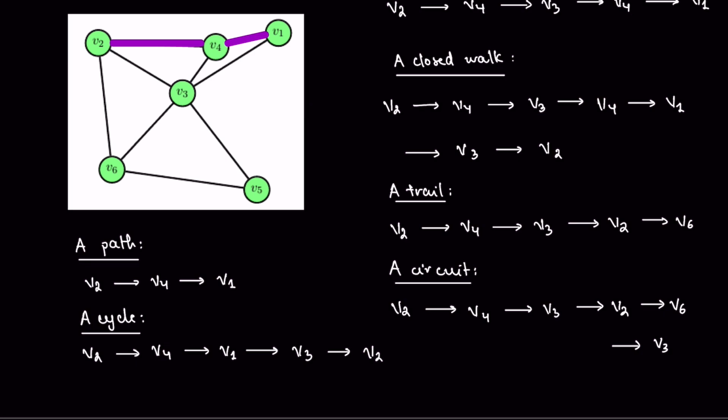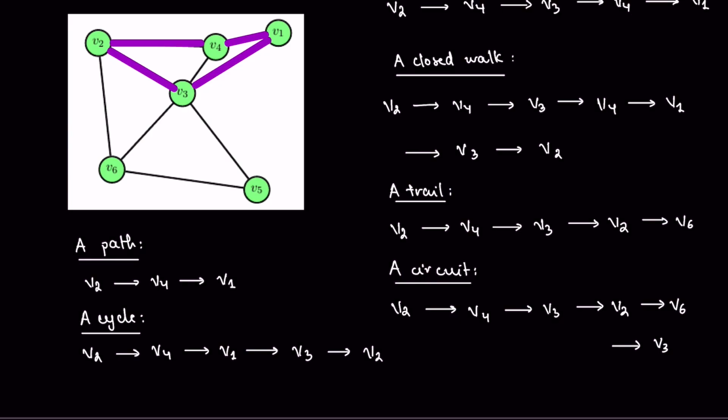So V2 to V4, V4 to V1, V1 to V3, and V3 to V2. So that's an example where you have a graph, and from the graph you can identify an open walk, a closed walk, a trail, a circuit, a path, and a cycle.